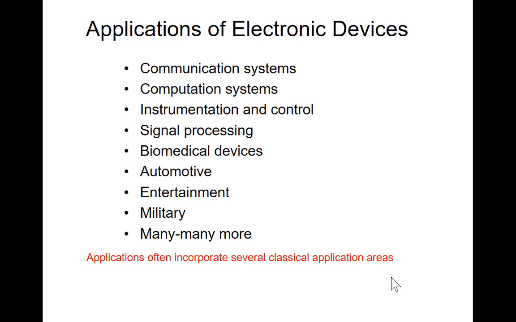If you look at these different application areas, a lot of our electronic gadgets or systems will involve several different classes of applications. If you look at the number of transistors in one integrated circuit, we're up to close to 10 billion transistors in some of the larger integrated circuits today.